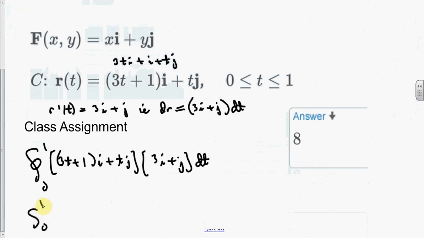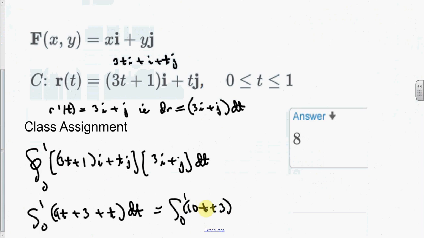Here we do the dot product, so the i components multiplied give 9t plus 3, and the j components multiplied give t. It's the integral from 0 to 1 of 10t plus 3 dt. That's what I had asked initially.